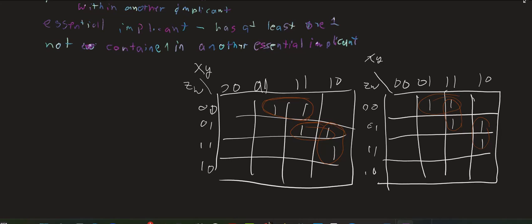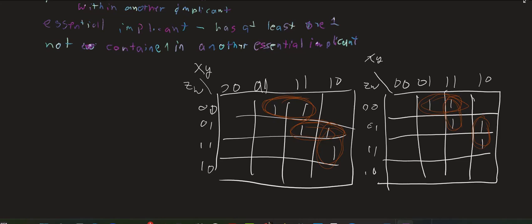So let's see, which ones are the same? This one is the same, and this one is the same, but we have a horizontal one here and a vertical one here. Are they both essential? Yes, by definition, they're both essential, but that's not really our everyday meaning of essential.